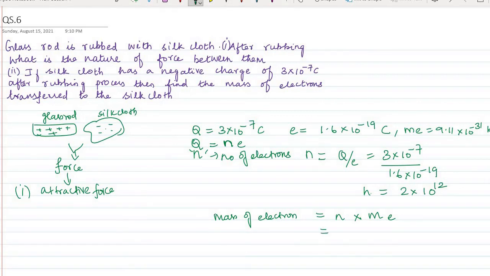Substituting the values, 2 into 10 to the power of 12 into 9.11 into 10 to the power of minus 31, you get the answer as 1.82 into 10 to the power of minus 18 kilogram. So this is the answer.